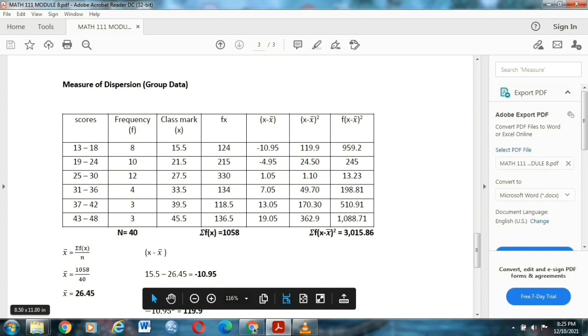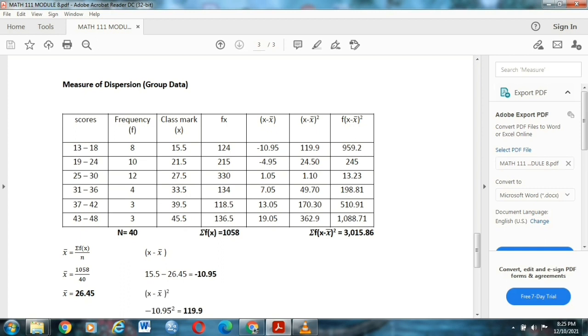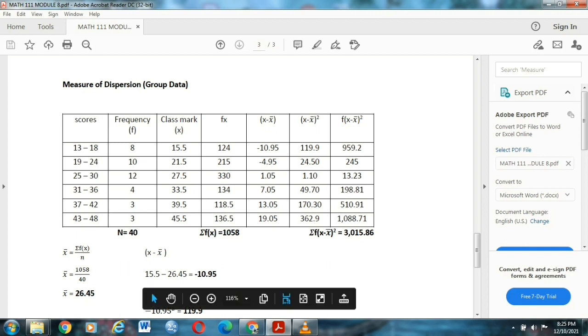Nakuha naman natin yung f of x natin, itong frequency sa class mark, yung product niya, and i-add lang natin. Ang sagot niya ay 1,058. And then, 1,058 divide natin ng n. Ilan ito lahat? Itong frequency 40. So, divide natin, we have 26.45.